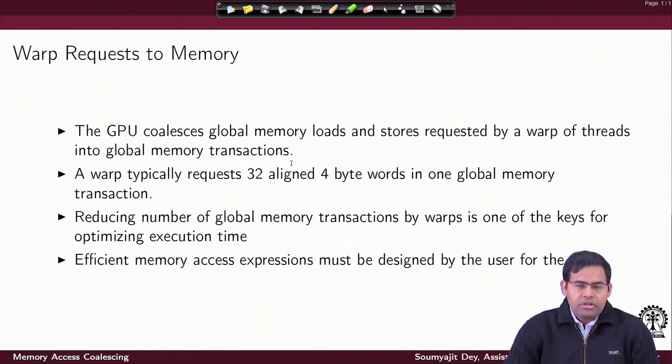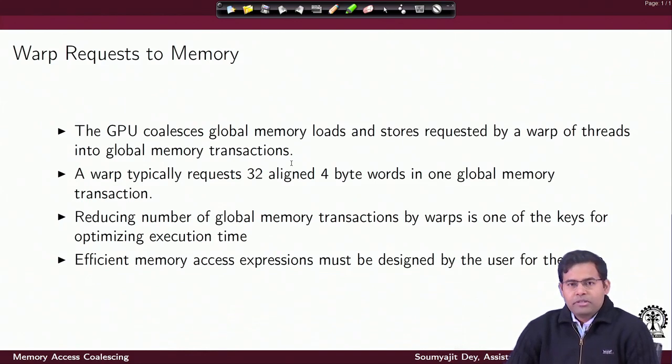Now, the question is how really is the global memory accessed by the threads? We have already discussed that the threads are packed together into what we call warps, right. So, when these warps are executing, whenever the threads inside a warp are looking for data to be accessed from the global memory, the GPU tries to gather the accesses together.